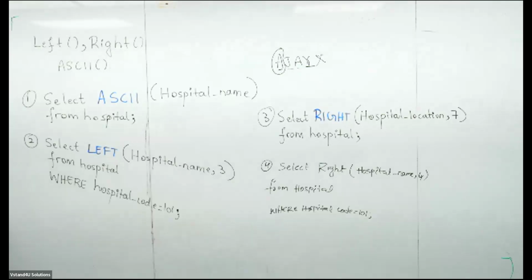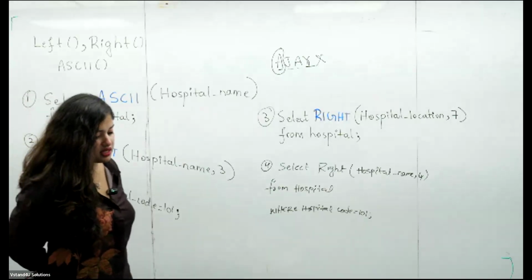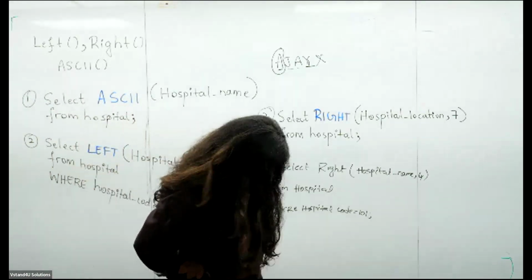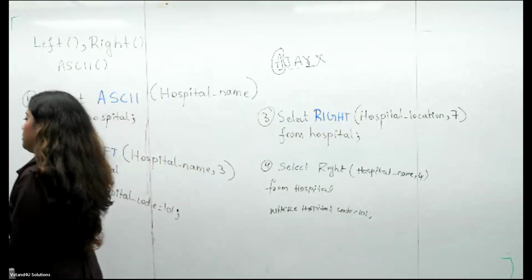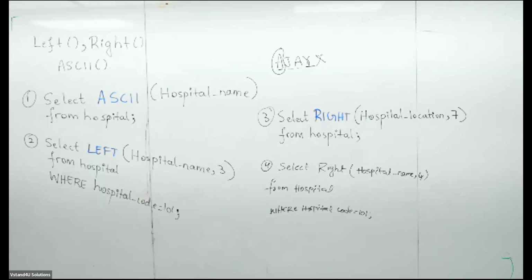Display the ASCII value of the second character in hospital name. Will I get it?